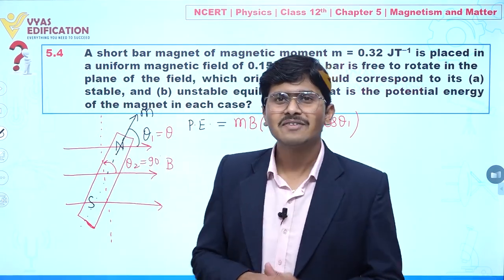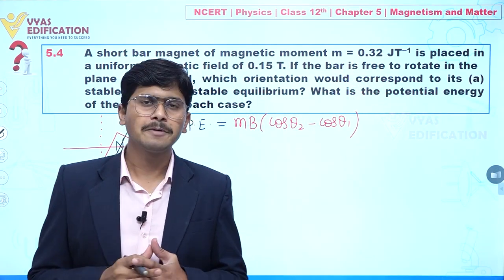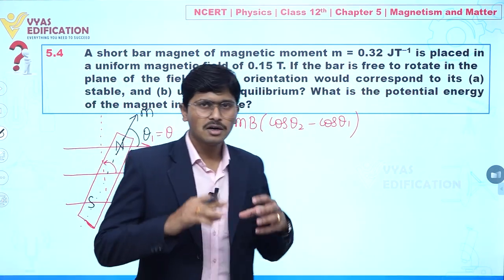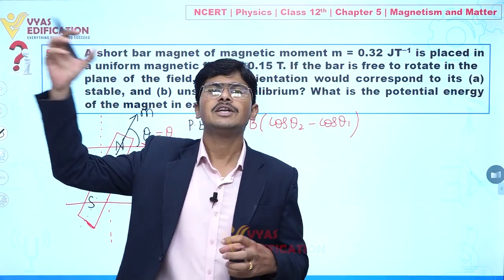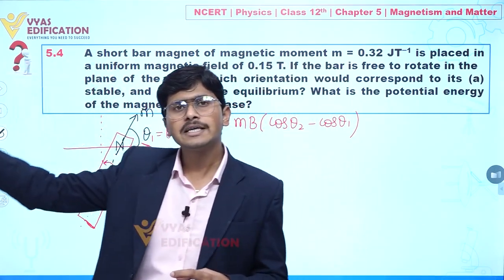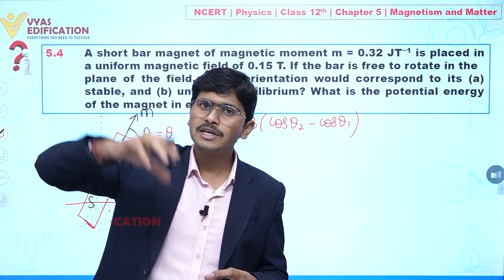Now you can ask, sir, why are you taking the reference at 90 degrees? Because suppose we bring the north pole from infinity to a certain point, and we bring the south pole from infinity to a certain point.